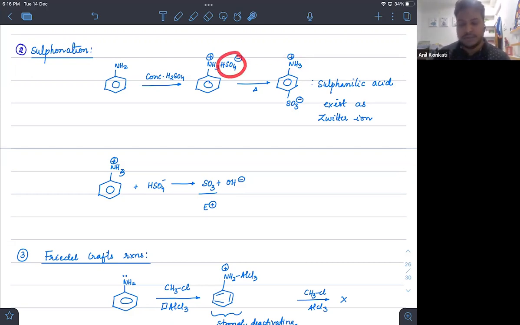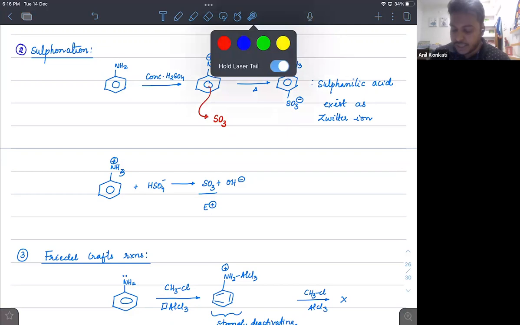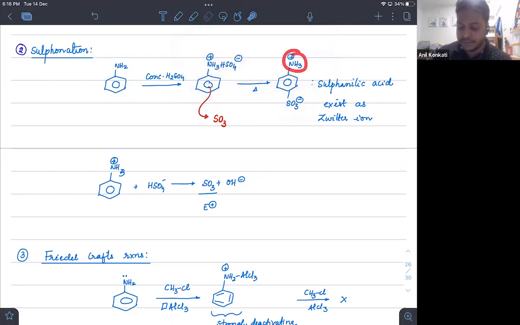Now HSO3 minus, which is out of this SO3 which is formed, will act like an electrophile, where from the para position it will attack to give sufficient amount of SO3 minus here. Correct? And this is not an anilinium ion initially. It would form something like this on heating.